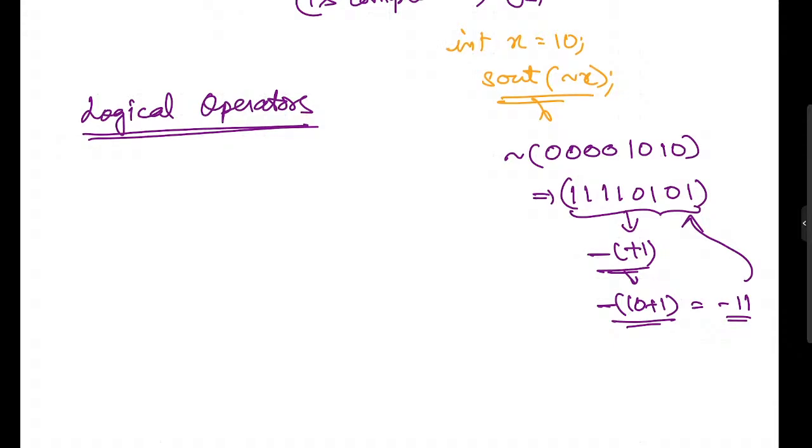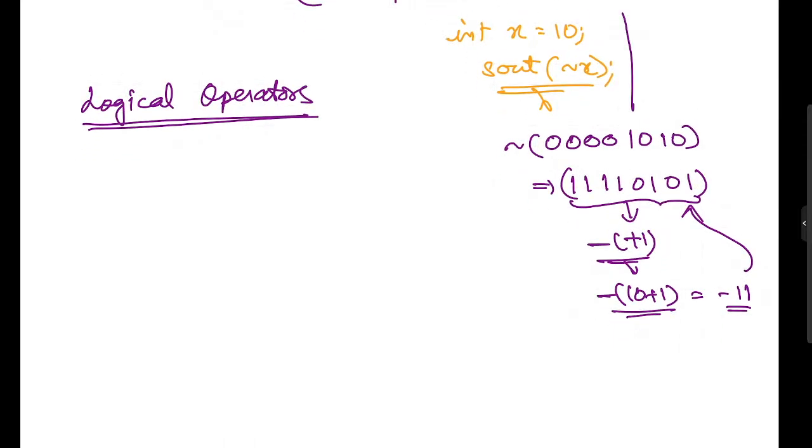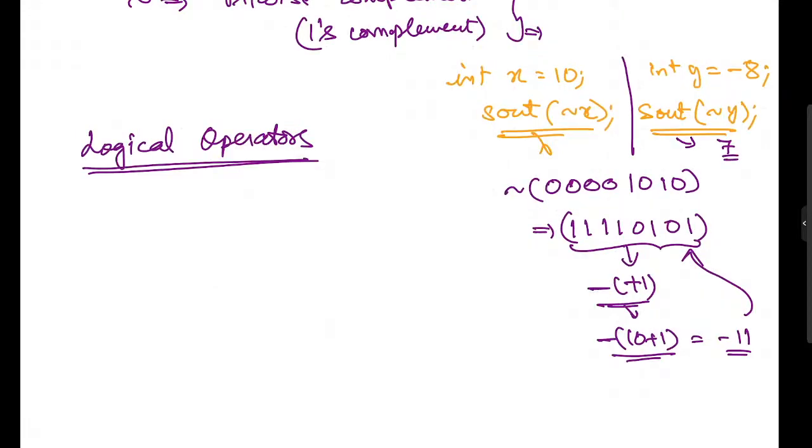For a negative number, for example, int y equal to minus 8, if I do print tilde y, the answer that you should get here would be 7. You just increment by 1.